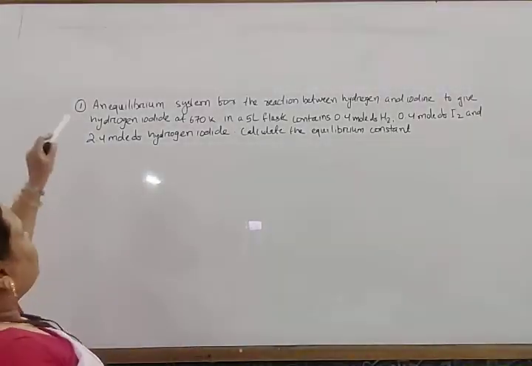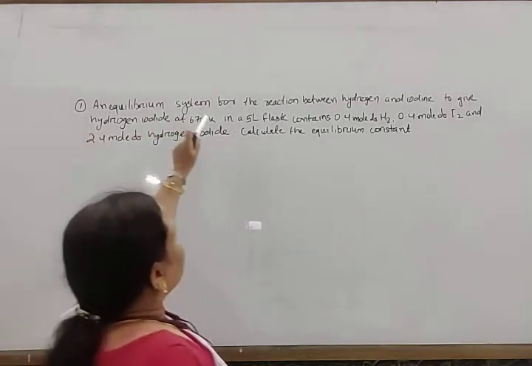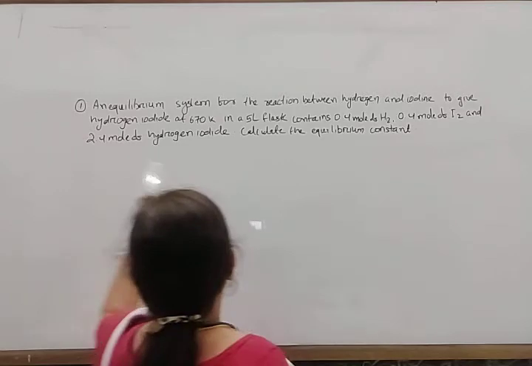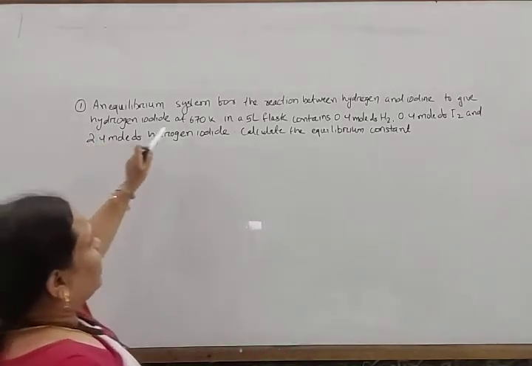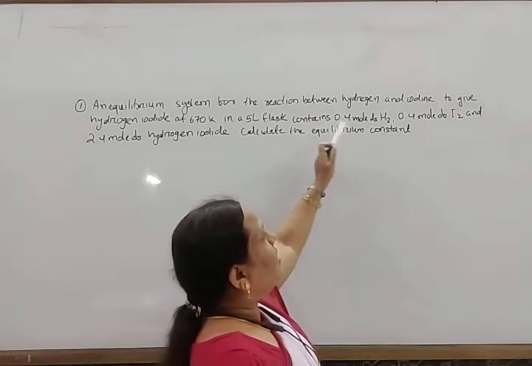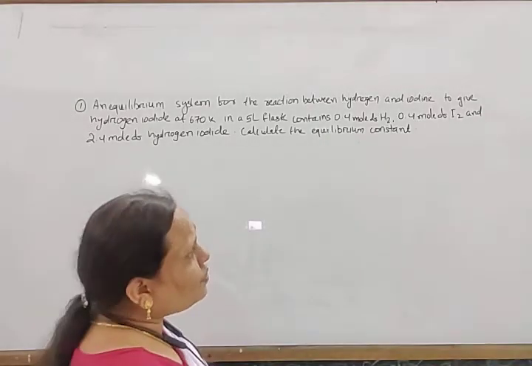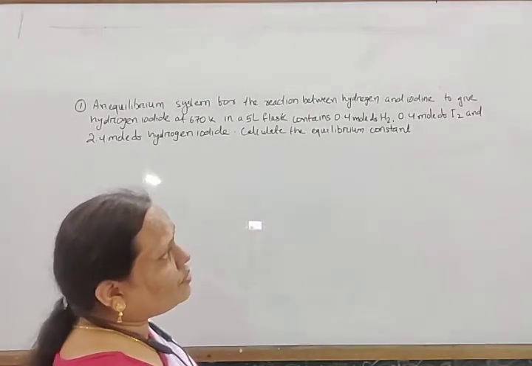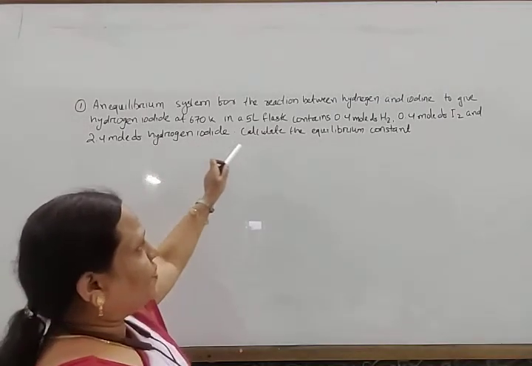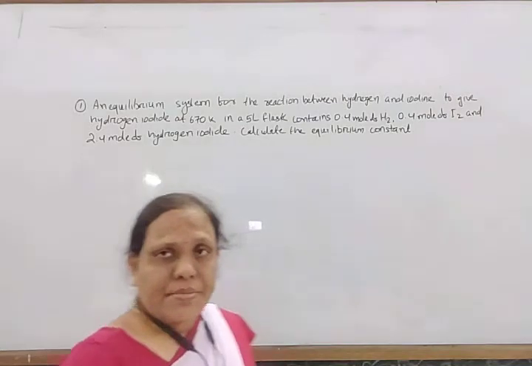In question number 1, an equilibrium system for the reaction between hydrogen and iodine to give hydrogen iodide at 670 Kelvin in a 5 liter flask contains 0.4 mole of H2, 0.4 mole of I2, and 2.4 mole of hydrogen iodide. Calculate the equilibrium constant.